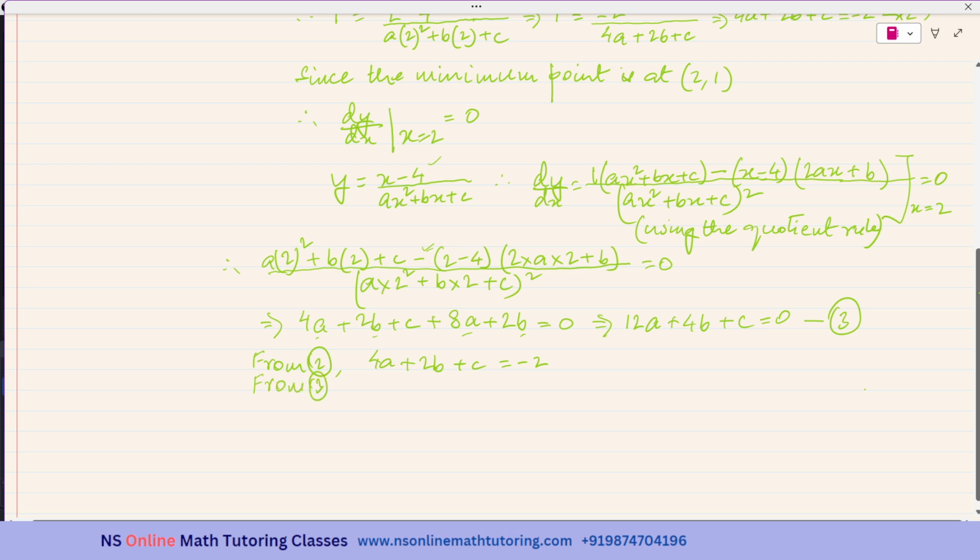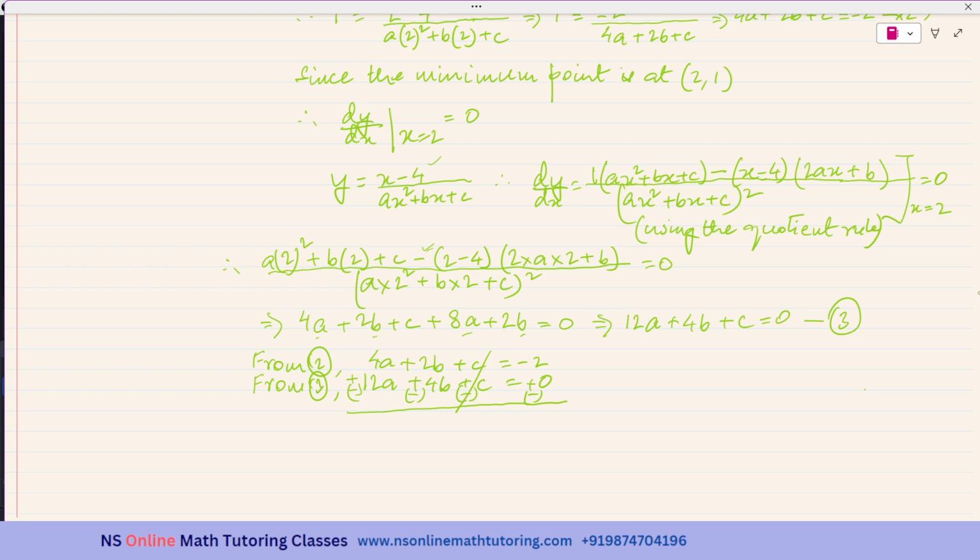3 it is, and I'm using the elimination method. 12a plus 4b plus c is equal to 0, and I will be subtracting. So the signs will be changing. Actually, you don't have plus and minus 0 because I have changed all the signs, so I have written, but there is no plus 0 and minus 0.